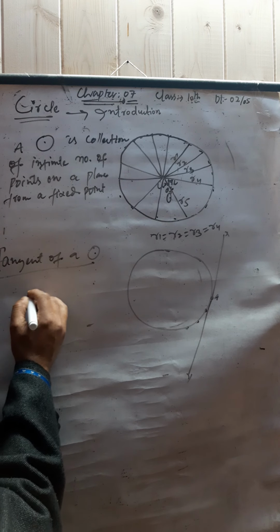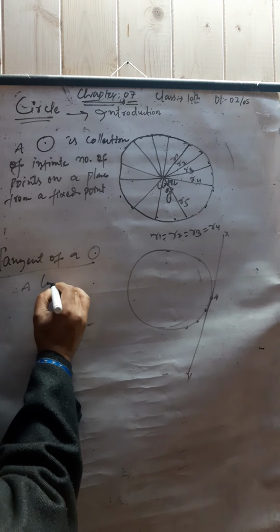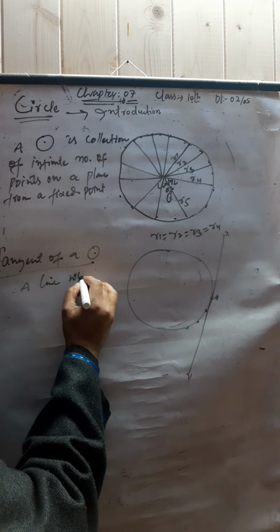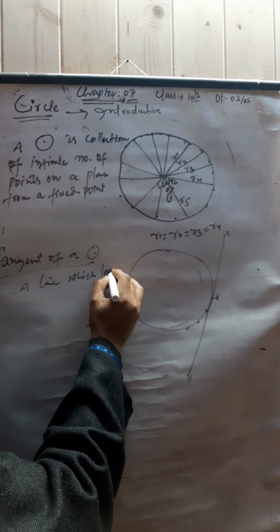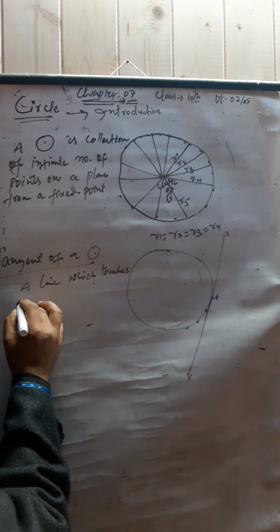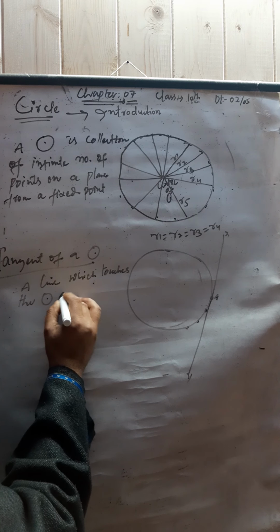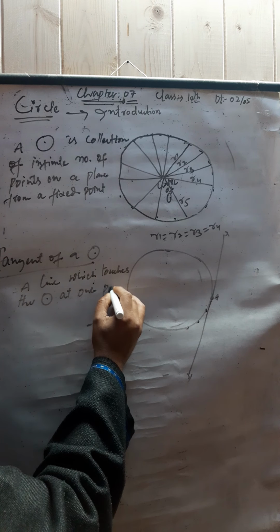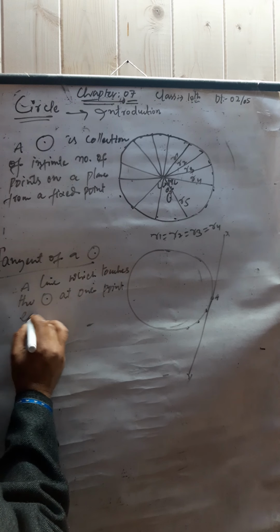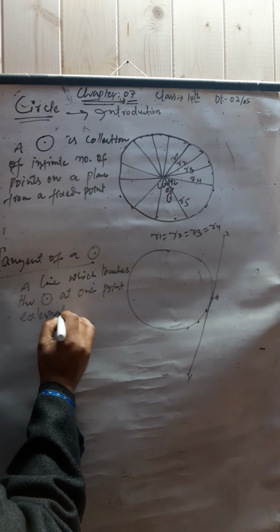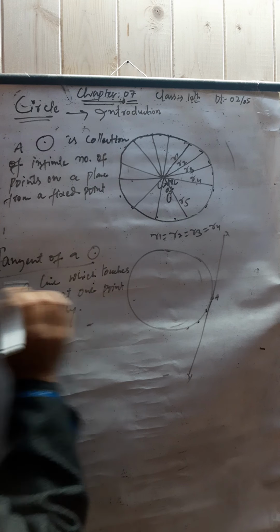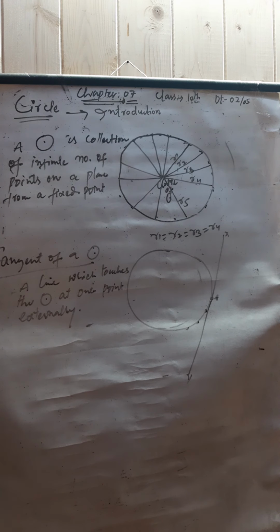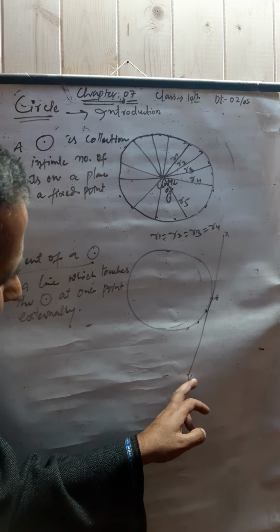So we will define it as a line which touches the circle at one point, but externally, is known as the tangent of the circle. So XY is the tangent.